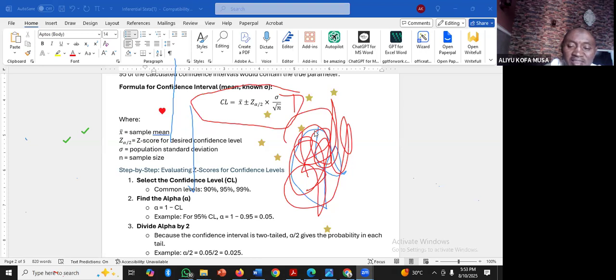Even 90% is not the same thing as 90; it's 0.9. You have to convert it to its actual expression, that is 0.9 or 0.95 or 0.99. Then you do the subtraction.